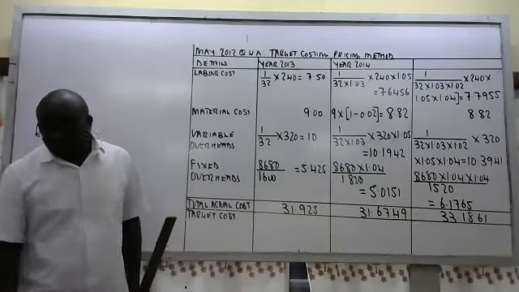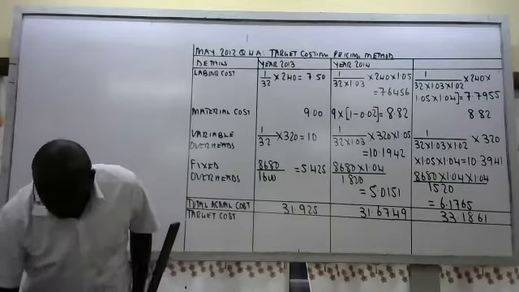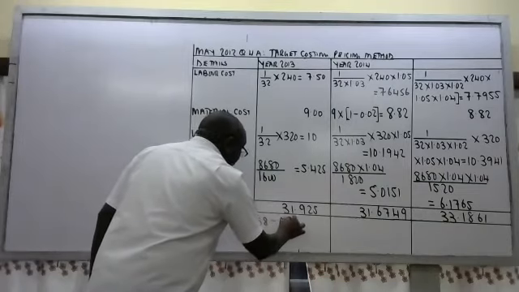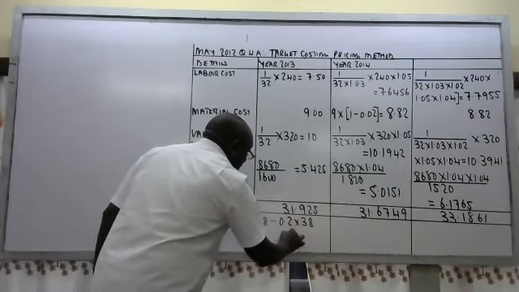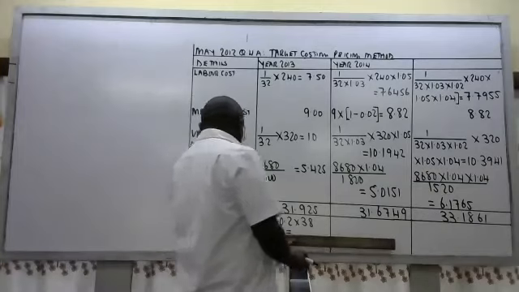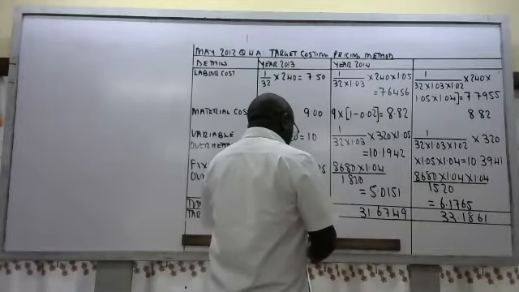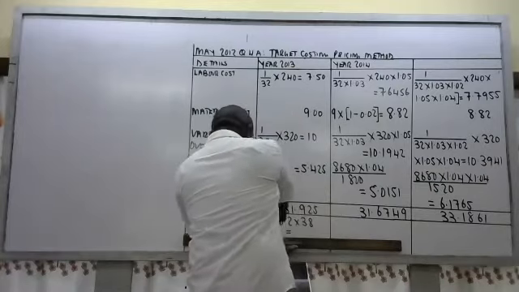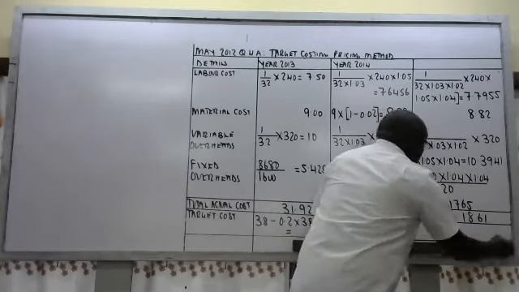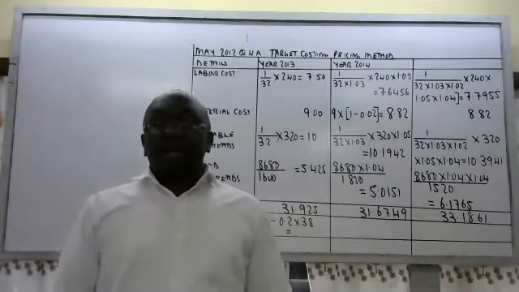So target cost is given as the selling price minus the profit. For the first year, the selling price is 38 and the profit is 20%. Okay, June says my workings are correct. Good.